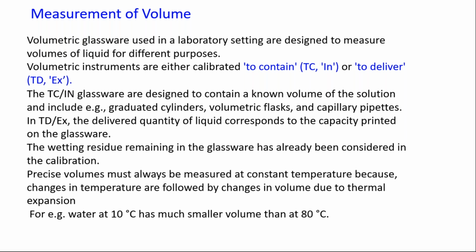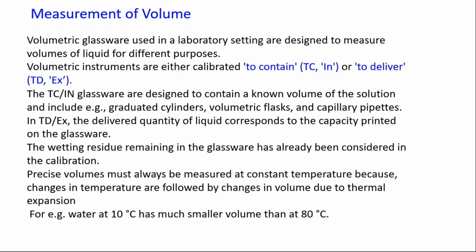And the difference between the TC and TD is that in the to-deliver pipettes, whatever volume markings are there, the wetting of the glassware, water has adhesion properties, so it can stick to the sides of the glassware. All this has been taken into consideration when the pipettes have been calibrated.